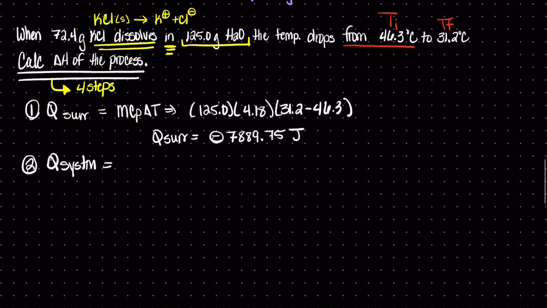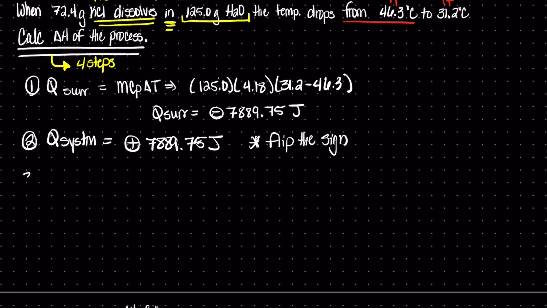So I just flipped the sign. So Q of the system is that positive 7,889.75 joules. You just flip the sign. Now move into step 3.